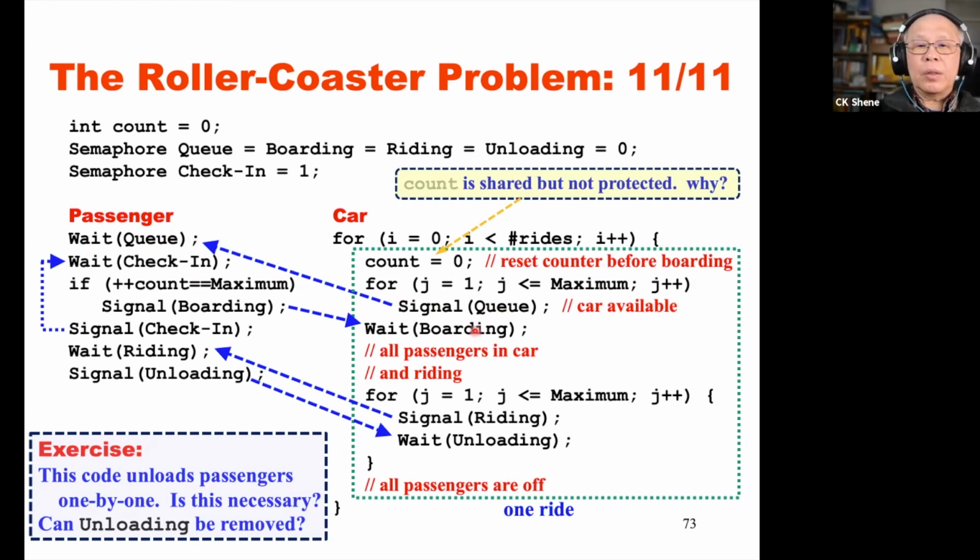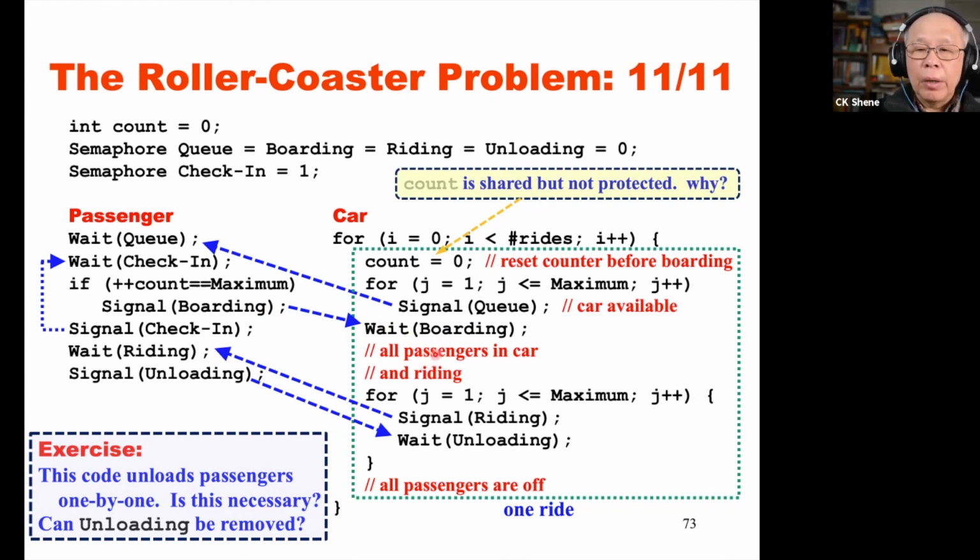When the last passenger signals the boarding semaphore, the car can go. So here, all passengers are on board and we could start the ride. You could use whatever way to simulate this riding.